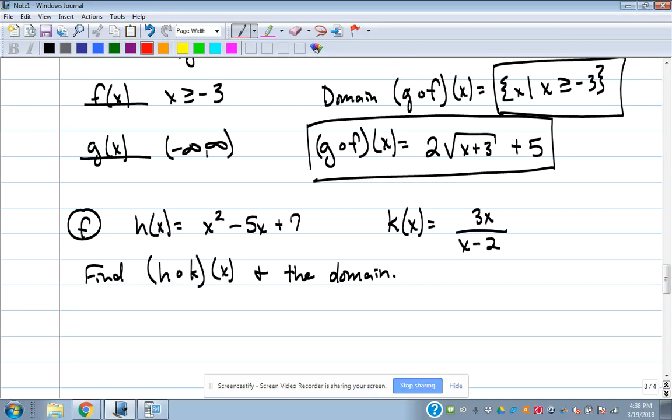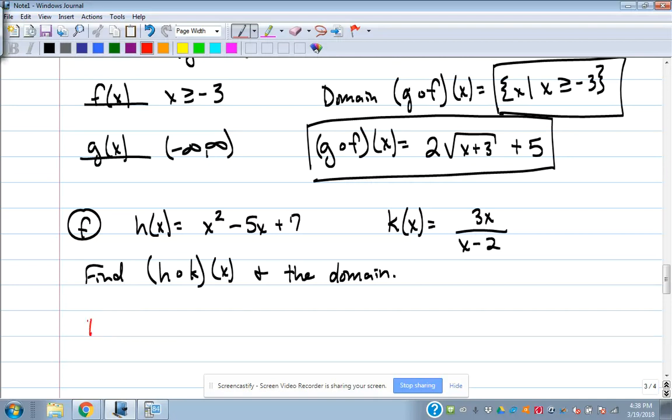Why? That's the key. Because it's the second one, that restriction carries over to the composite function. Since there are no restrictions on the first function, we don't have to do any more work to find the domain of the composite function.